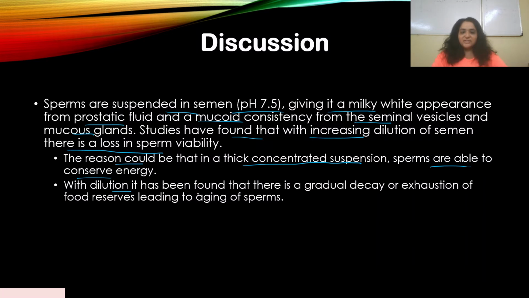With dilution, it has been found that there is a gradual decay or exhaustion of food reserves leading to aging of sperms. If something is moving around, it is using up energy, right? If sperms keep moving around in the space provided, the food reserves are consumed or exhausted and they begin to age.